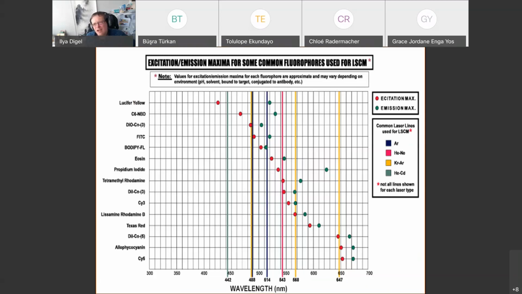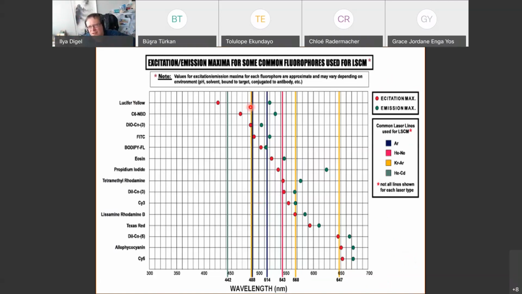Second, I tried to explain the issue related to light sources. Mercury lamps are not used anymore in such systems, just in the cheapest probably, but mostly we have a set of different laser tubes. And every laser tube can produce a certain wavelength. And here you see these lines.